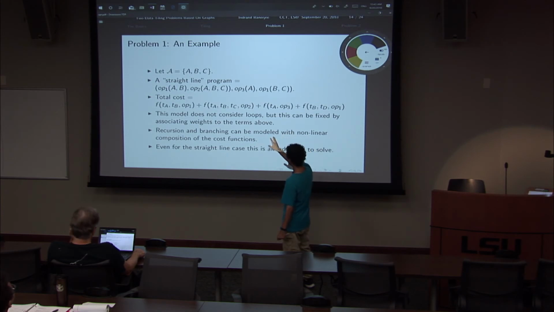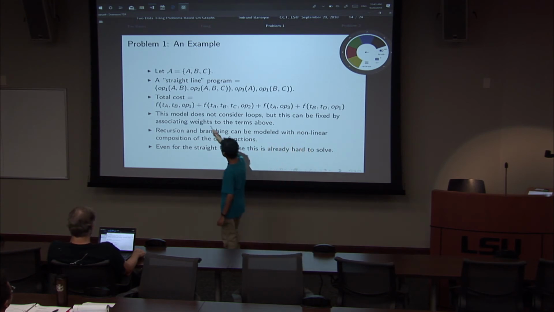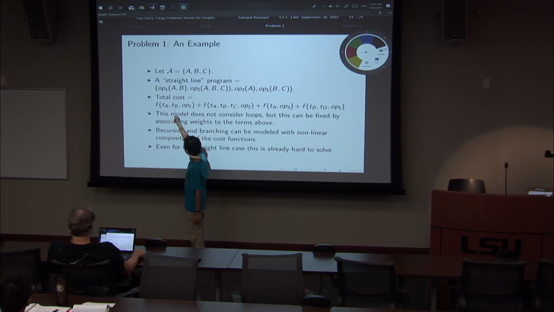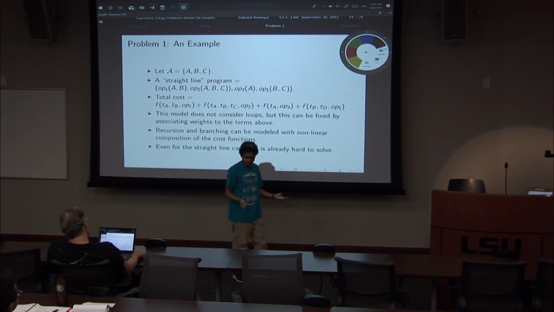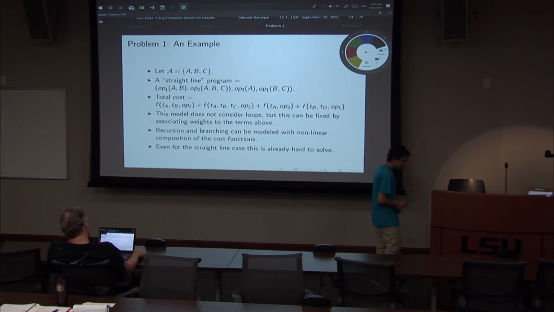I am not defining the operation, just generic operations. And the cost is basically, for operation 1, you take the 2 tiles of the matrices involved, or the arrays involved, and the operation, and you get some cost, depending on the tile and the operation. And you want to minimize the total cost.